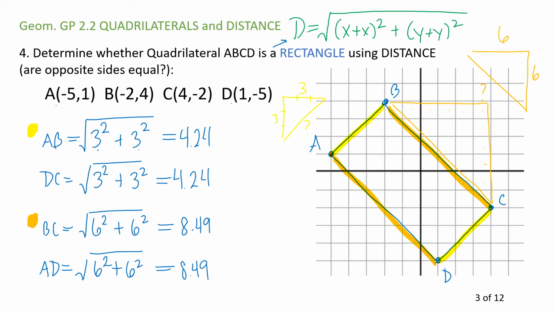That's actually determine whether the quadrilateral is a rectangle, and I indeed have proven that ABCD is a rectangle.